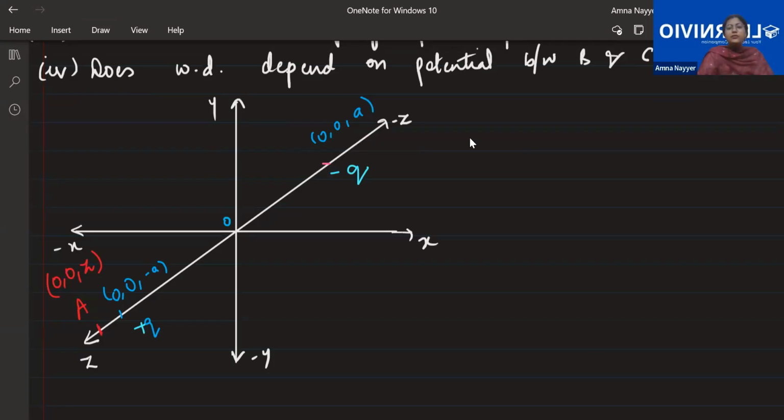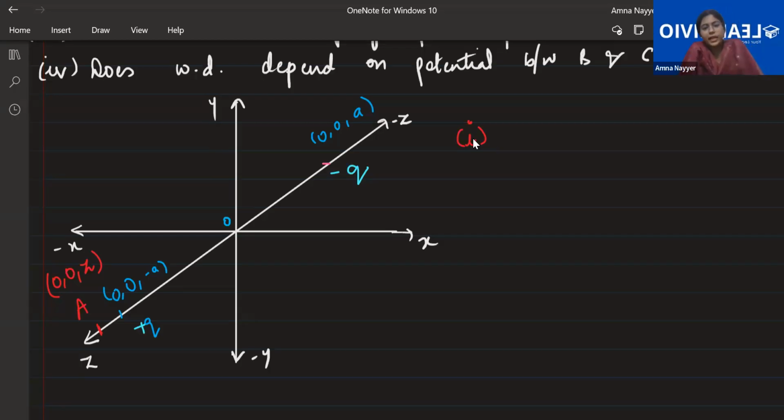Now, for the first part, when you are calculating the potential, see class, is it axial or equatorial? Axial line or equatorial line? A point for the dipole. A dipole is formed, plus Q and minus Q are there, separated by 2a.